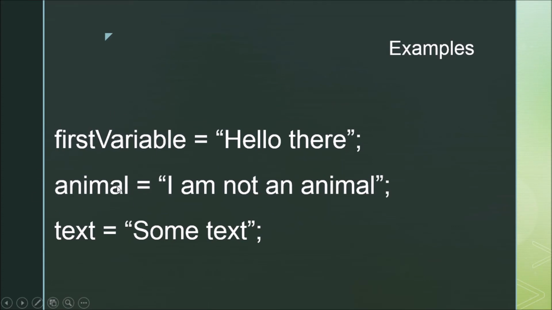Each of these can be named in any way you would like. And on the right, we have the value itself, which is being stored inside the variables by using the equal sign, also known as the assignment operator. This step is called variable initialization.